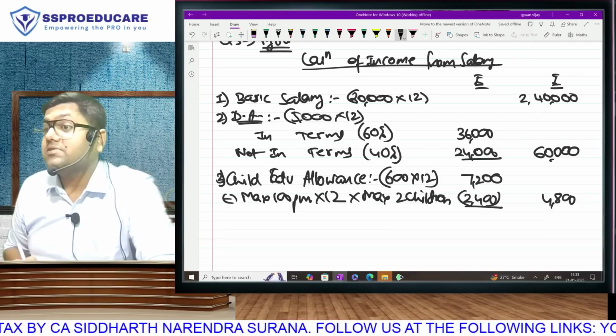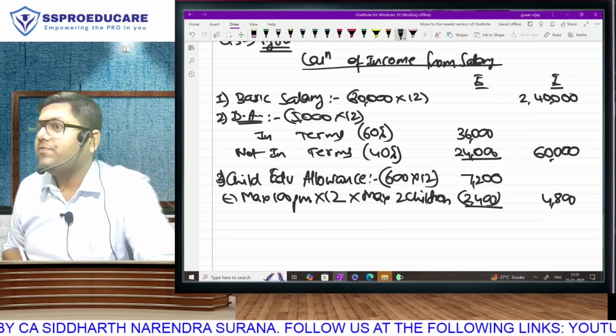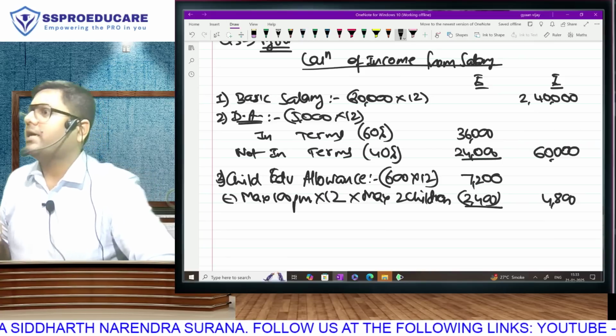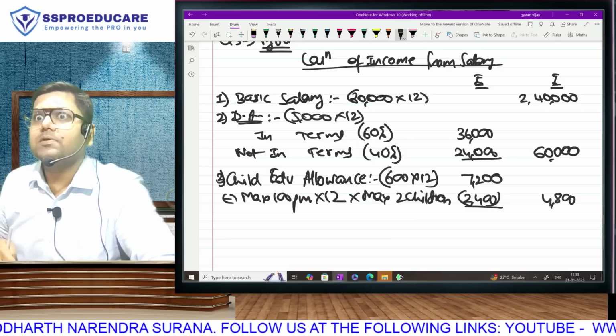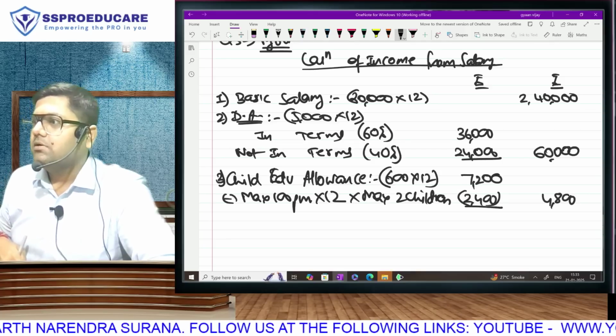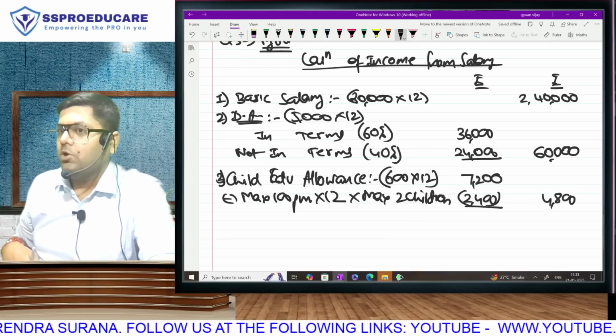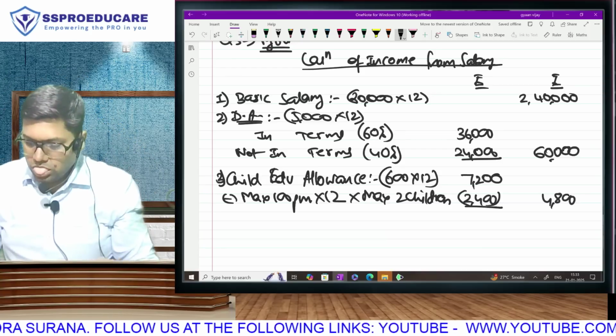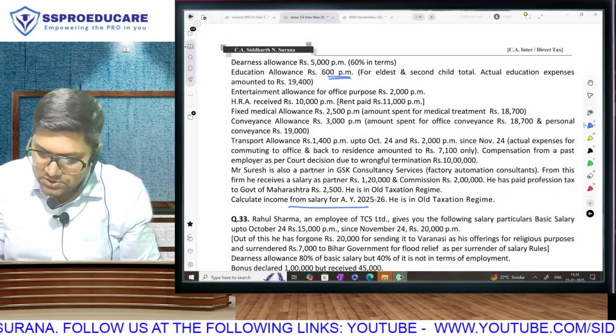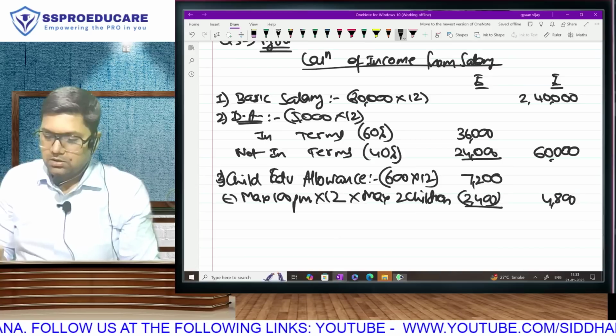In case they give us a division, say 550 and 50, then for the first child we will say 450 taxable. Second child we will say fully exempt, 50 rupees. You understood? But here they have not given it, so we are assuming 300 for both. But the actual education expenses are 19,400.